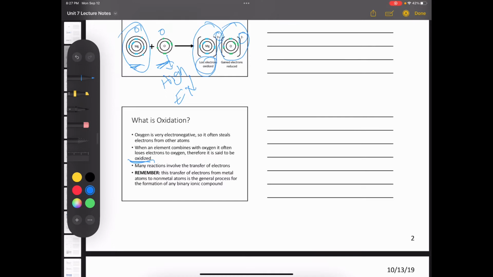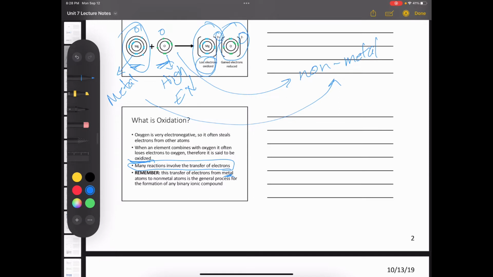Many reactions involve transfer of electrons, just like we talked about earlier. You have to remember that this is a transfer of electrons from a metal, which is the magnesium, to a non-metal, which is oxygen. That should be really familiar to us because we looked at this when we talked about binary ionic compounds, correct?